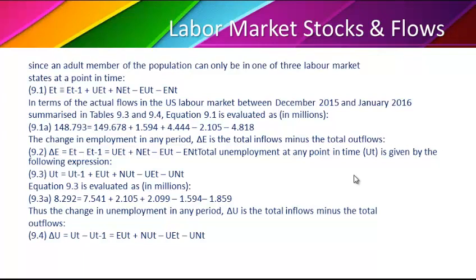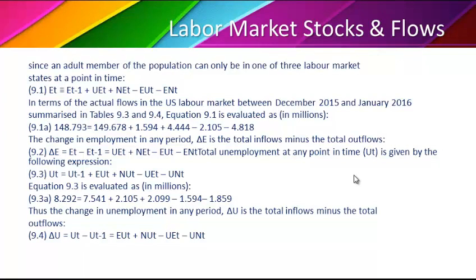So the people who are employed at time t are those who were employed at time t minus 1, plus UE, the flow from unemployed to employed. These are the people who were unemployed in period t minus 1 and became employed in period t.